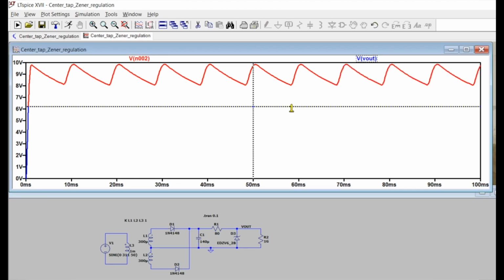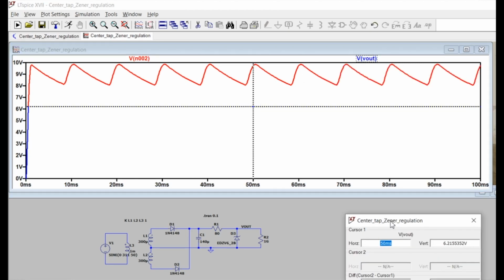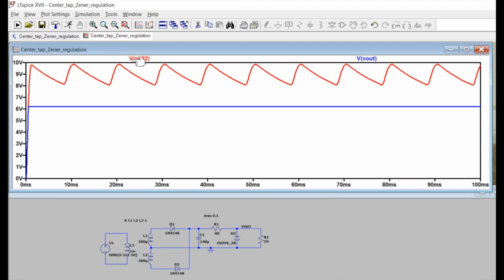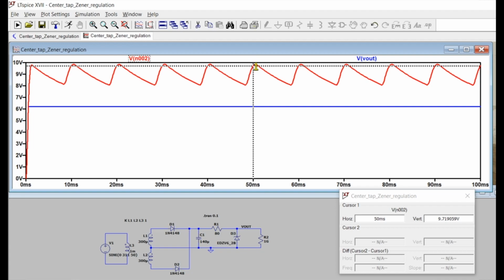So I have considered around 6.21 basically, which is close to the one we calculated. And if you see this voltage, it is very close to 10 volts, around 9.8, so it's approximately the same.